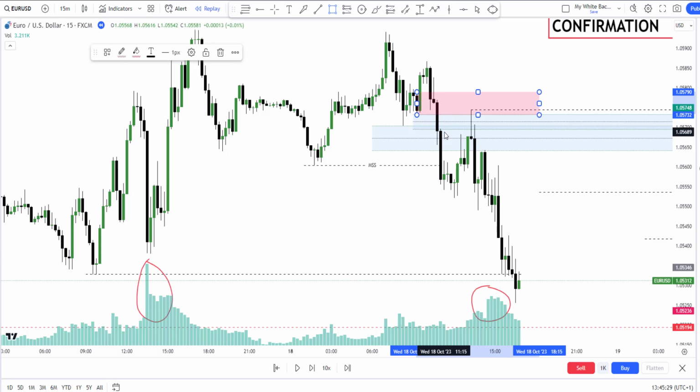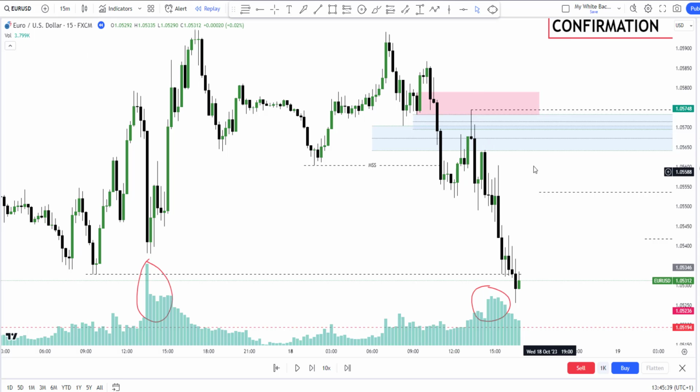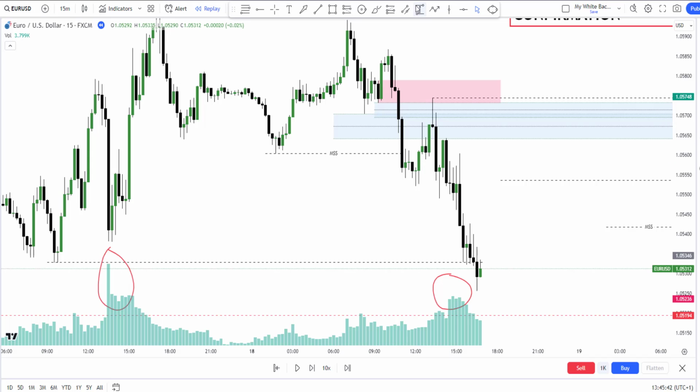This is something like the unicorn entry model, the one I showed you in the YouTube community. You can go over and watch that video. I think I made it last week. So look at this. This particular retracement is the major thing where we want to gauge the volume. We want to know whether these guys are going to come heavy or weakly.